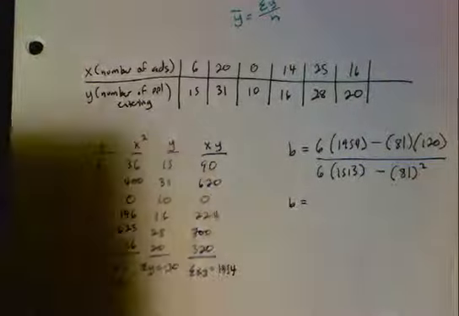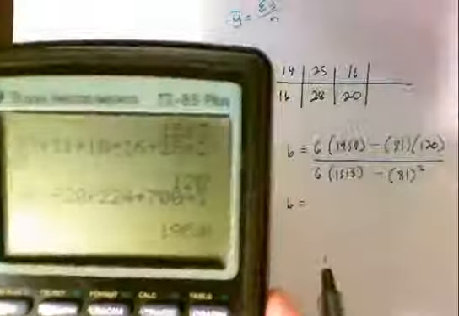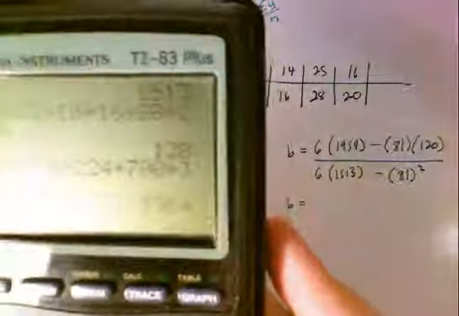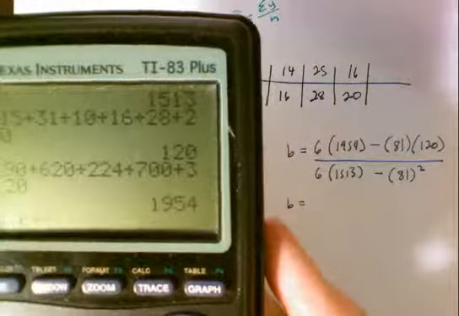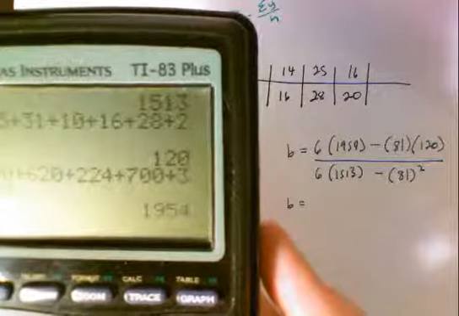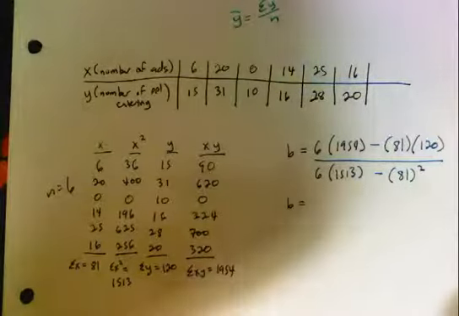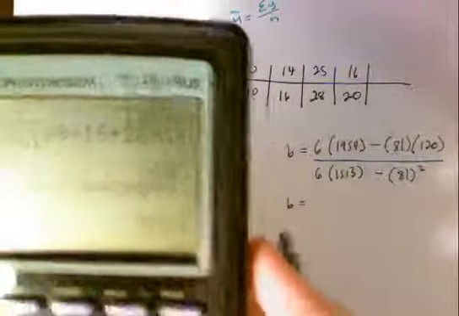So if we put that in the calculator, remember your parentheses all around the numerator, all around the denominator. 6 times 1954, that is a 4, right? Yes, that's a 4.